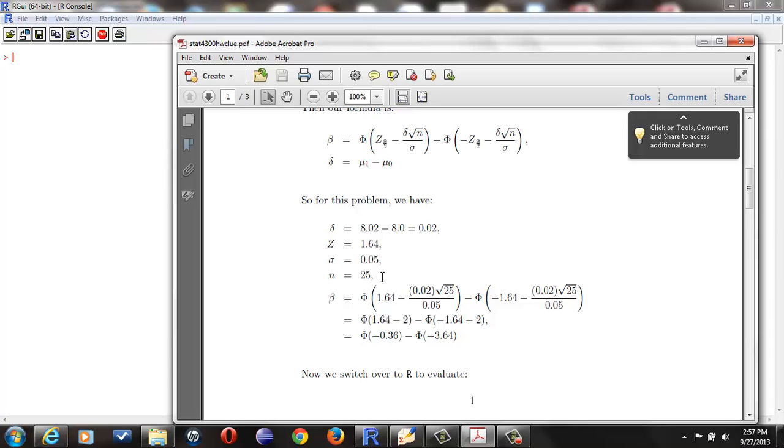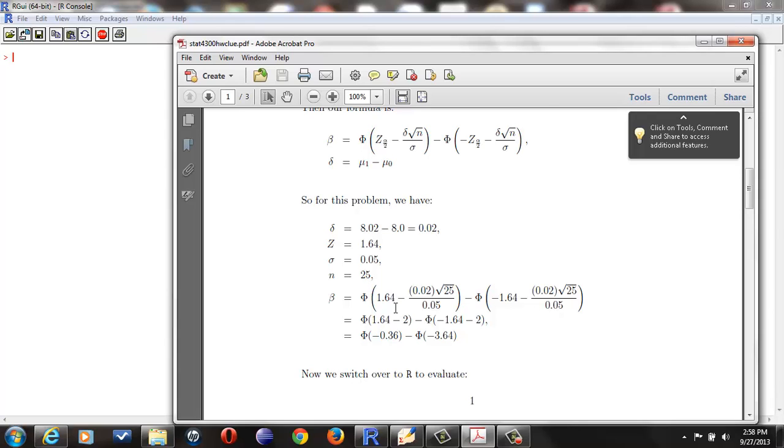So let's go ahead and start putting this stuff in the formula, and we're going to have beta equal to Phi of 1.64 minus 0.02 times square root of 25 over 0.05, minus Phi of minus 1.64 minus 0.02 times square root of 25 over 0.05.